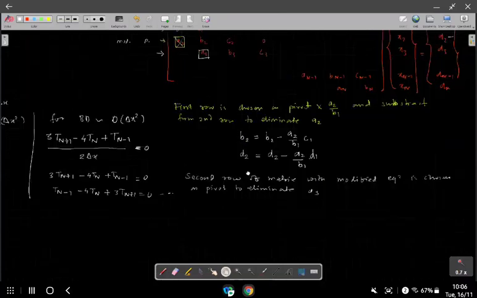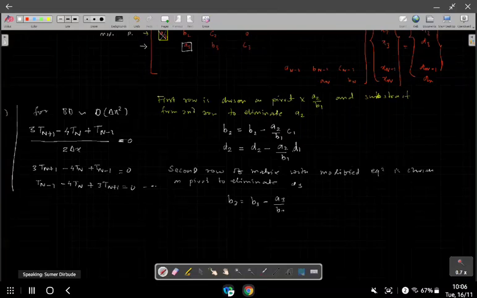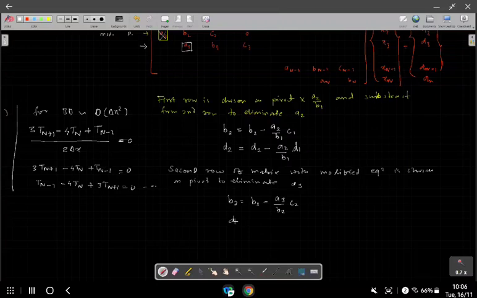And after doing that, you again get B3 equals B3 minus A3 divided by B2 times C2, and D3 equals D3 minus A3 over B2 times D2.